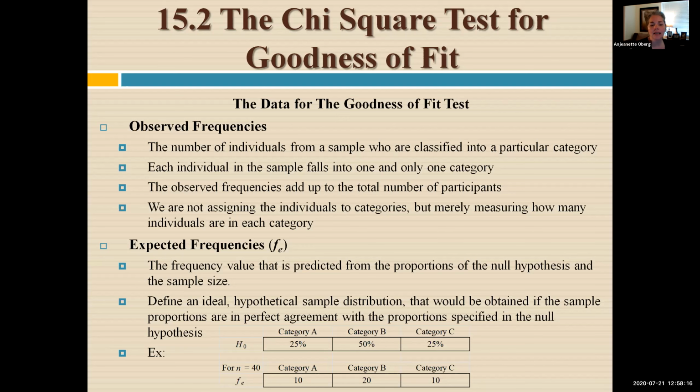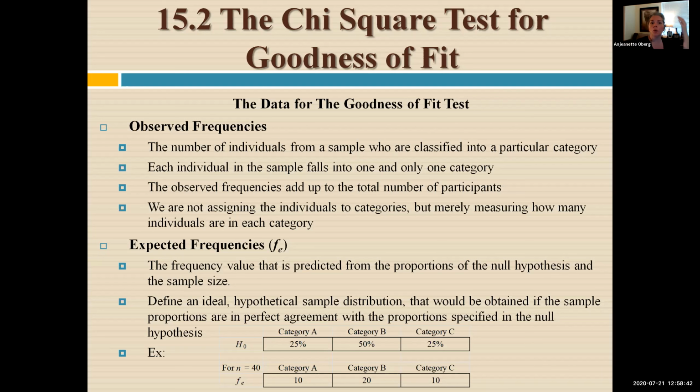We're not necessarily breaking anybody into groups, right? We're not doing that. We're just looking at who reported chocolate, who reported vanilla. Did you or did you not get a ticket, and what age group are you in? That's it, okay? Expected frequencies are based on the population. We expect the distribution to be X, Y, or Z, right?